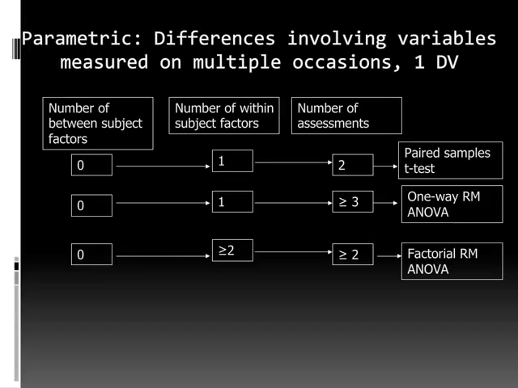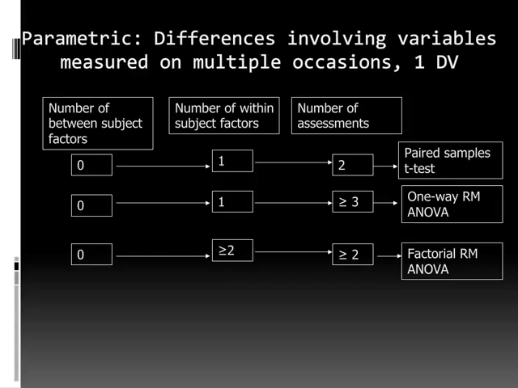An example of when a factorial repeated measures ANOVA would be the most appropriate way to analyze the data is as follows. You are asking, are there any potential differences in the number of sit-ups performed over a 60-second period across 3 different types of music conditions dependent on the time of day the sit-ups occur.